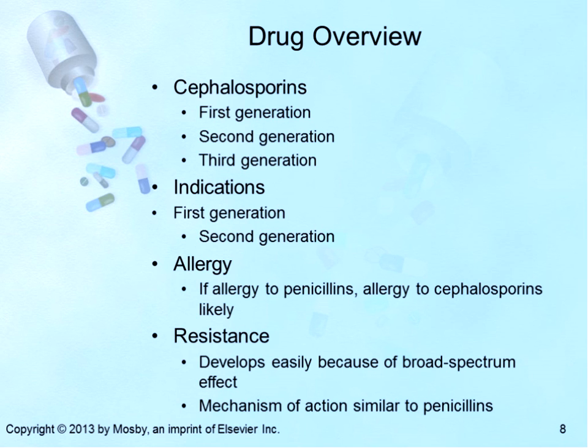All cephalosporins are active against most gram-positive cocci, such as Staphylococcus aureus, and many strains of gram-negative bacteria, such as E. coli. The first generation drugs are usually used for skin and soft tissues, as well as urinary tract infections.